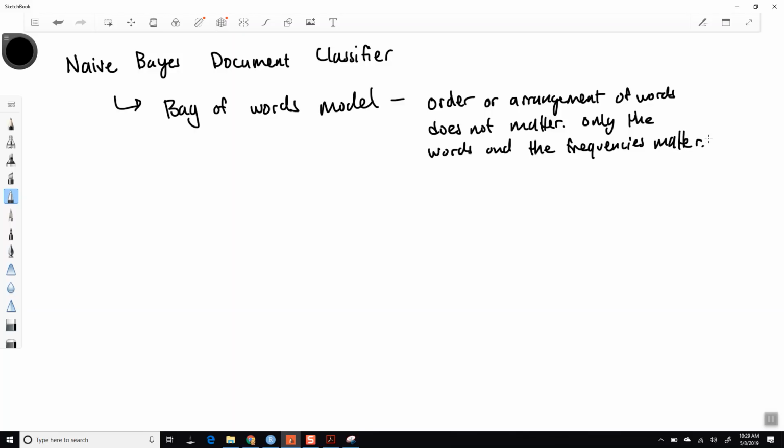All right, and we know this is not how the language works. We know this is not how English works. We know this is not the best model out there. However, for our purposes, it can still be useful in helping us classify documents.